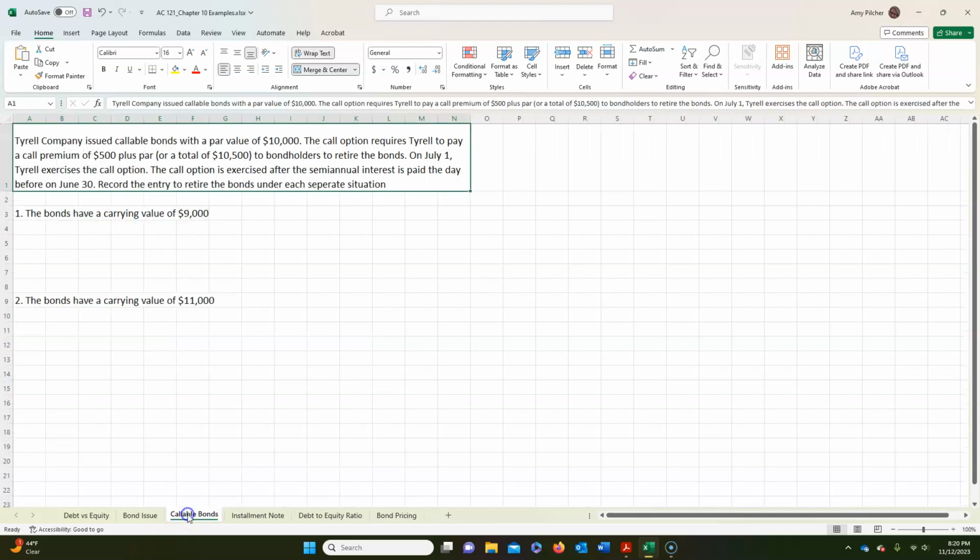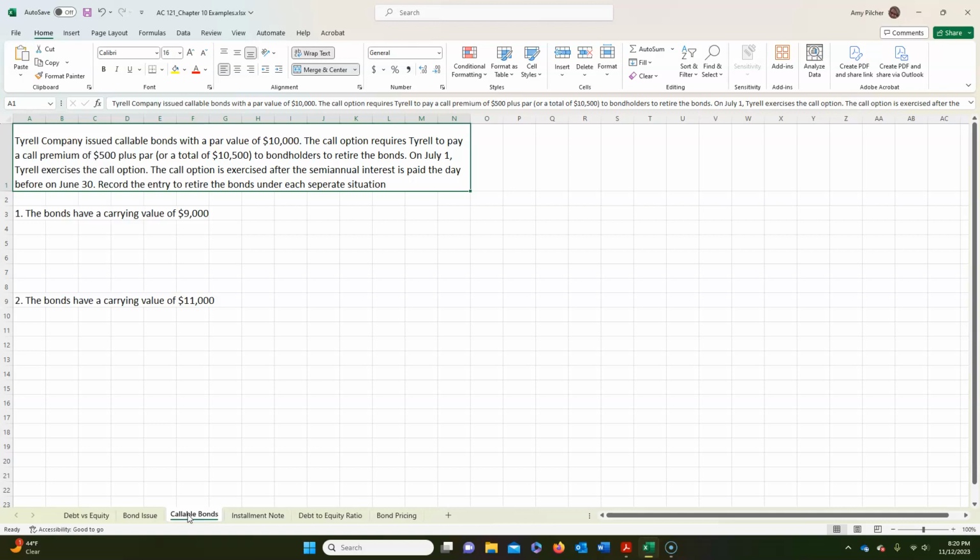In this next example, we're looking at callable bonds. Callable bonds means that bondholders can call those bonds in early, or they can happen late. We have bonds with a par value of $10,000, so we have bonds payable of $10,000.